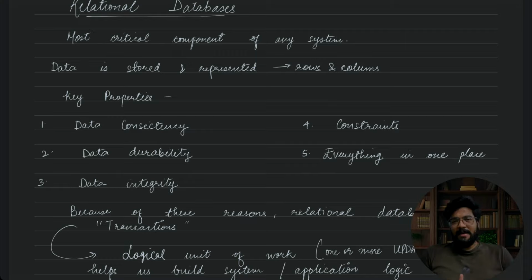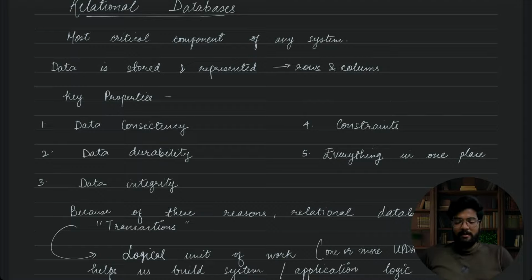So at that time, if you look at MS Excel or Google Sheets right now, this is how the ledgers used to look for accounting purposes and other financial needs. So that is how relational databases came into existence and how the data was stored in those, representing them in rows and columns.